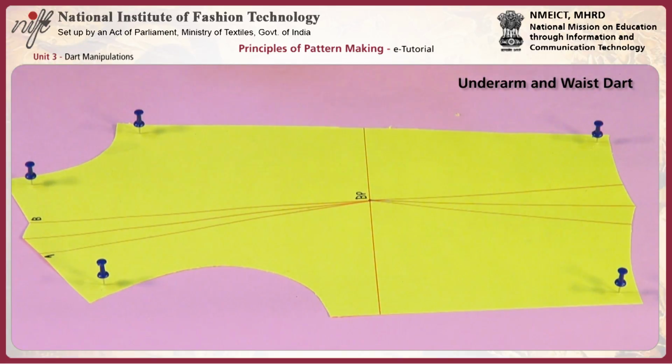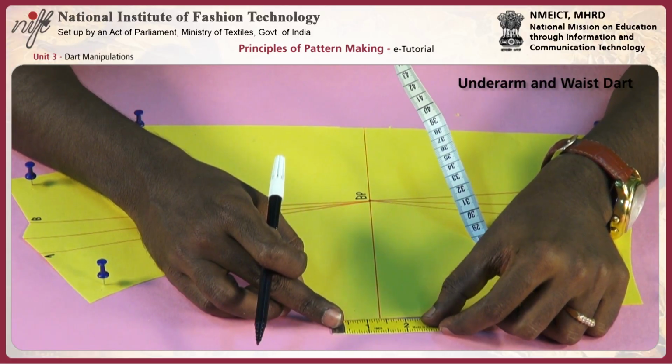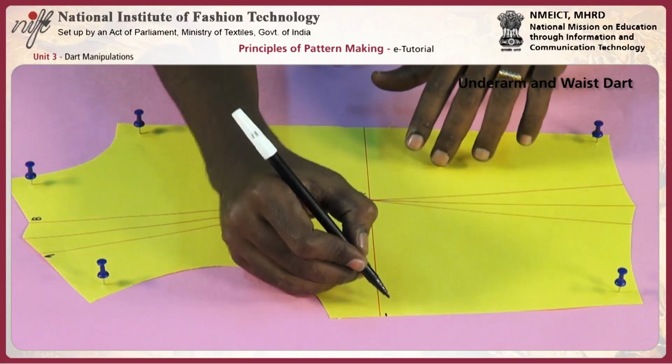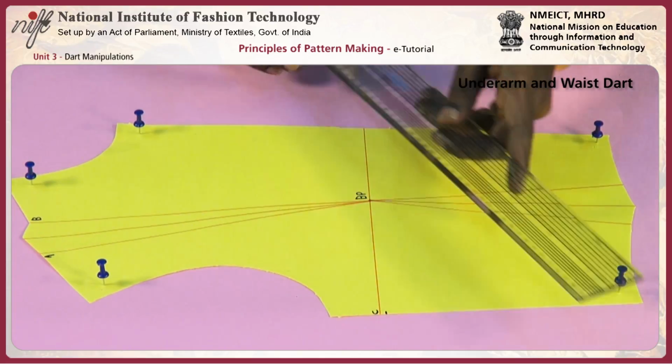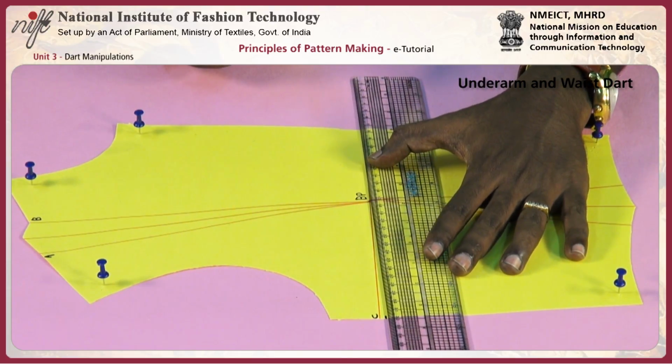Now I am marking 1.5 inch from the side seam and I am marking C. Now draw a line from C to bust point.